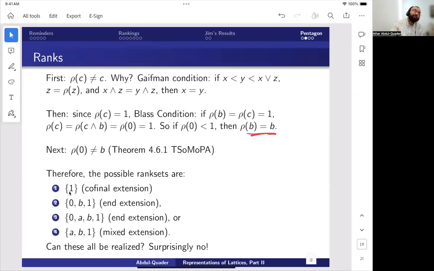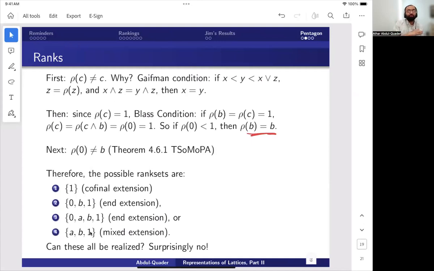And so the possible rank sets, if you put all this together, could just be 1, and you get a cofinal extension. It could be 0, B, and 1, in which case, if 0 is in the rank set, then you get an end extension. It could be 0, A, B, and 1, which would give you an end extension, or it could be A, B, and 1, which would give you a mixed extension.